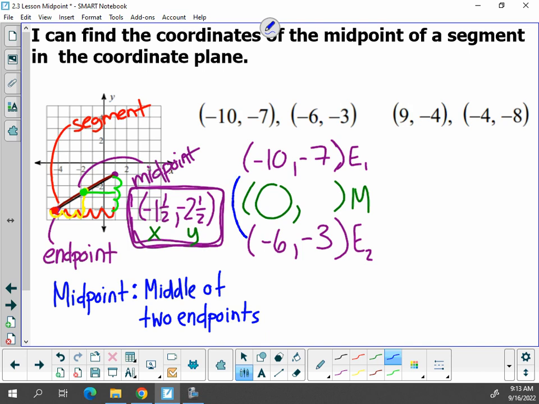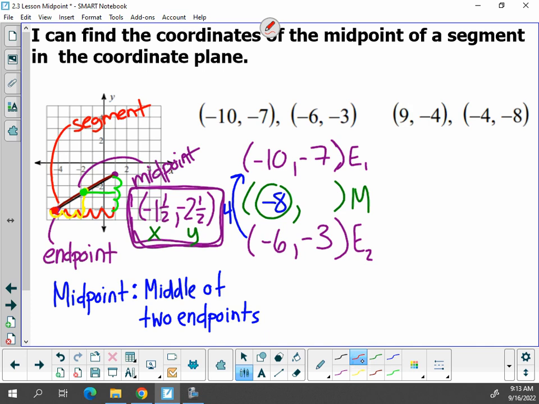So to get from here to here, it's 4 units. And so halfway would be 2 units, so -6 to -7, -7 to -8, that's 2 units. That makes the middle number -8. And I hope you can see -8 is right in the middle of -6 and -10. So that's the x value of my midpoint.